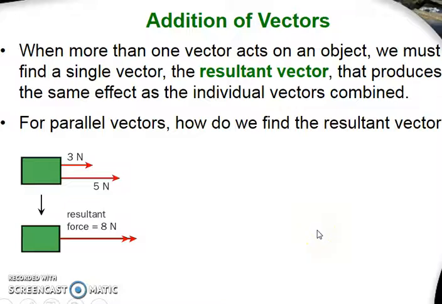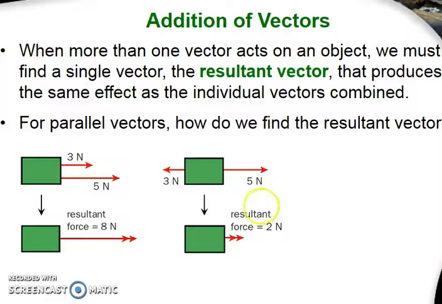Another case, what if they are opposite? I have 3 and 5 Newton forces, and they're opposite in direction. You guessed it, I can replace them with a resultant force of 5 minus 3 Newtons. So 5 minus 3 gives me 2. Does that make sense?